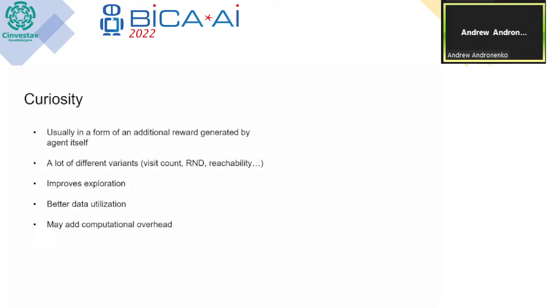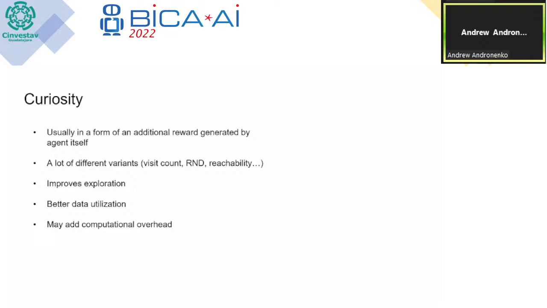So curious agents generate an internal reward for the states they find interesting, and there are a lot of different variants. For example, a simple visit count, where we give an internal reward for the states we visited 0 times or so.